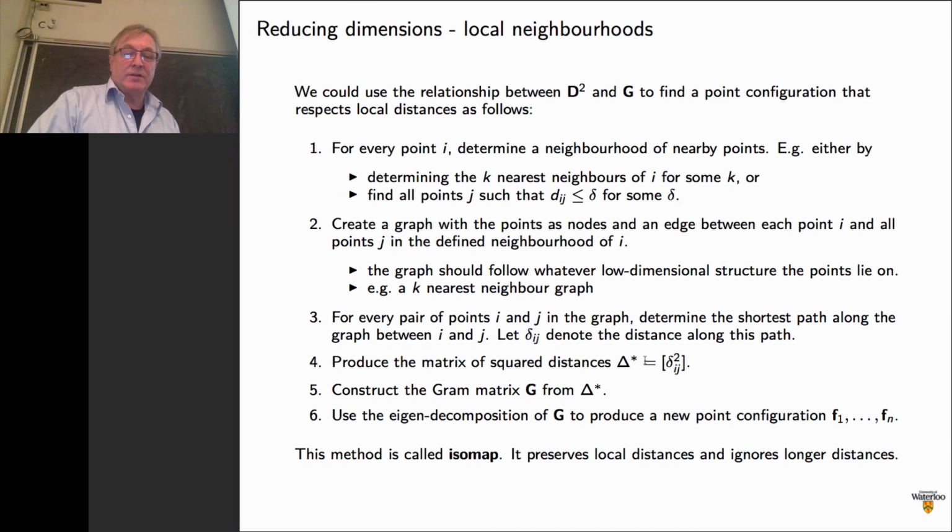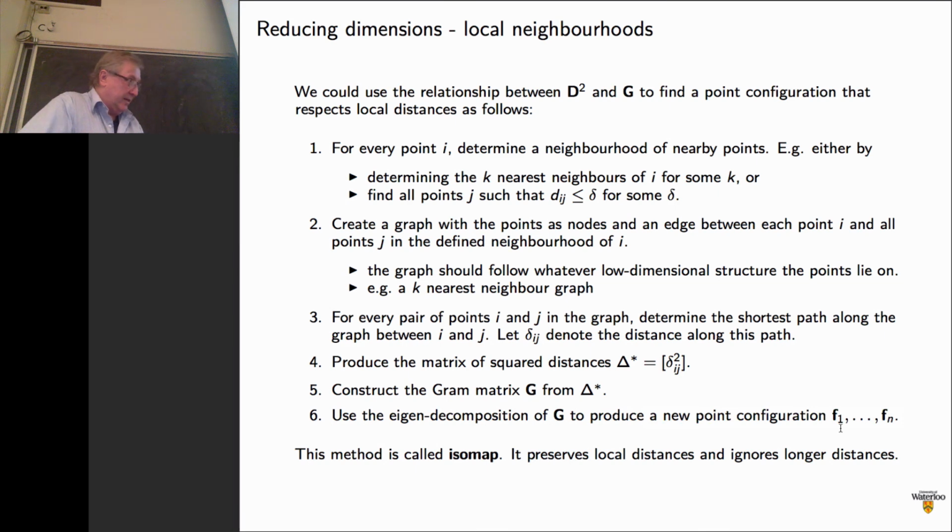I've got the square distances, delta star. I get the Gram matrix. I take the eigendecomposition to get the new point configuration, so these new feature vectors. This particular method is called ISOMAP.